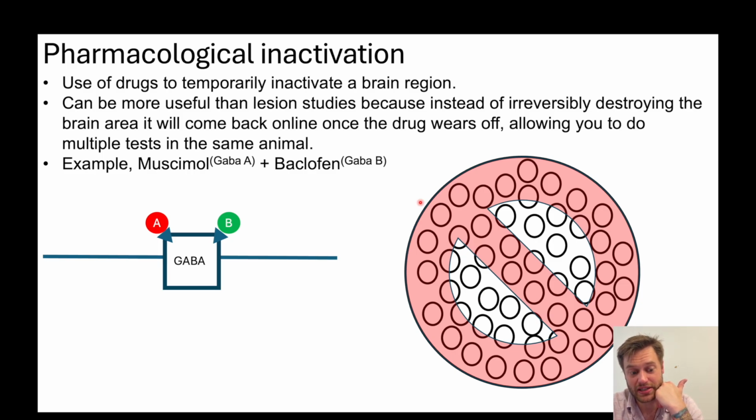Now, as soon as the drug wears off, of course, you can retest the animal in the same behavioral assay that you wanted to do, and now they won't have that pharmacological deficit that was there previously. So what do you need to know about this?